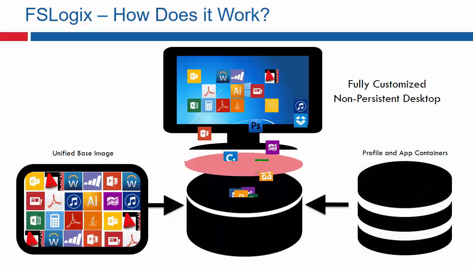When we sat down and designed this, our CTO, Randy Cook, said that the problems, like Helge said, are not always Citrix. A lot of times they're your back-end servers. So if you take a look at this slide right here, you're going to see our profile and app containers are designed to not impact that back-end server. So it doesn't matter how many people are using FSLogix profiles, the logon time is going to stay consistent.